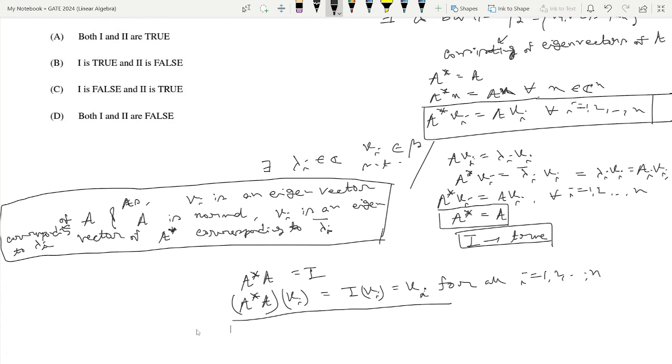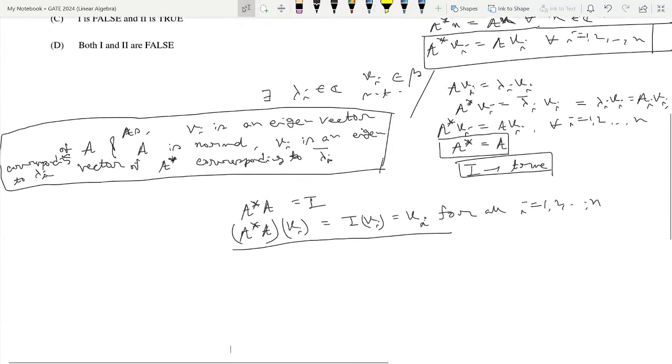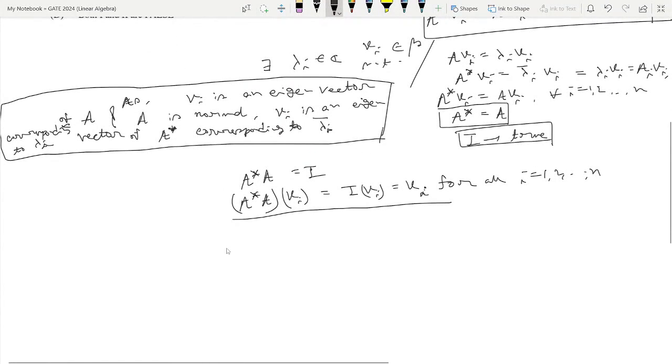So for an arbitrary i, take Vi, and Vi belongs to beta. So Vi is an eigenvector of A. So we have A Vi equal to lambda i Vi for some lambda i belongs to C, as in the previous proof in 1. So now take A star from the left side. So A star A Vi will be equal to A star lambda i Vi.